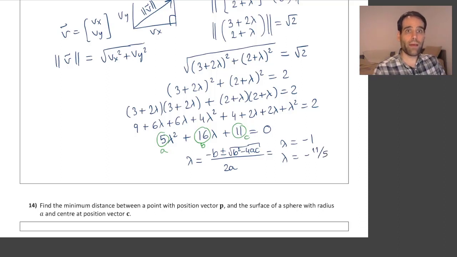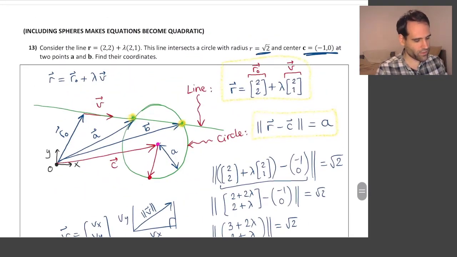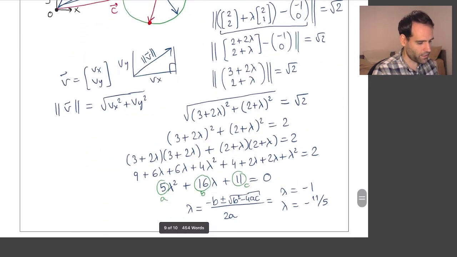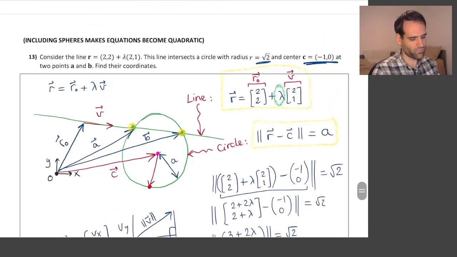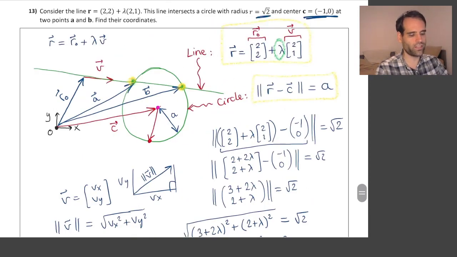So now that we know lambda, we just substitute this lambda into the equation of the line, and we will find our 2 points A and B. I'm not going to do it. You just substitute, for example, lambda equals minus 1. So then you do 2 plus minus 1 times 2 and 2 plus minus 1 times 1. And that will be one of the points. And then you substitute lambda equals minus 11 fifths, and that would give you the other point. The solution is on the notes.